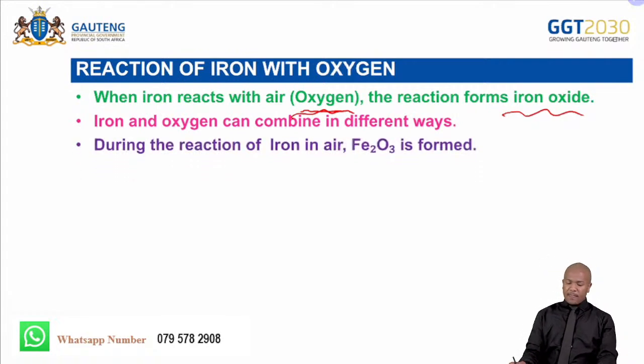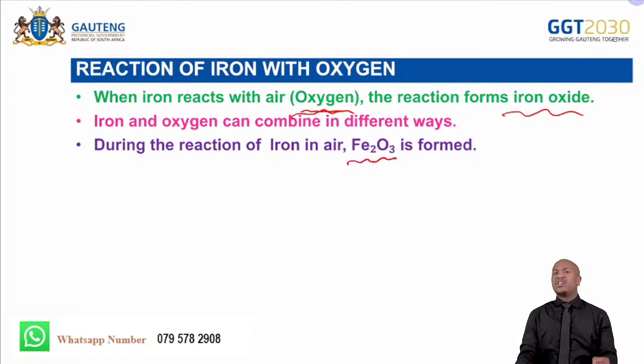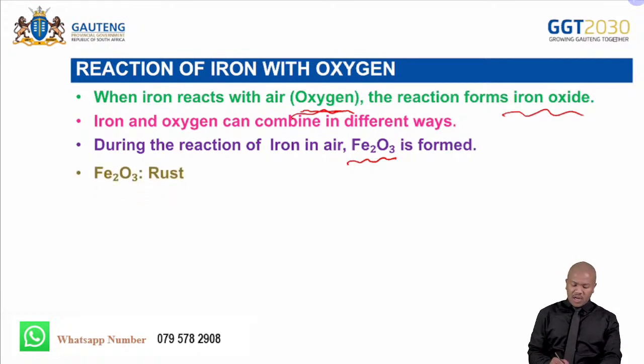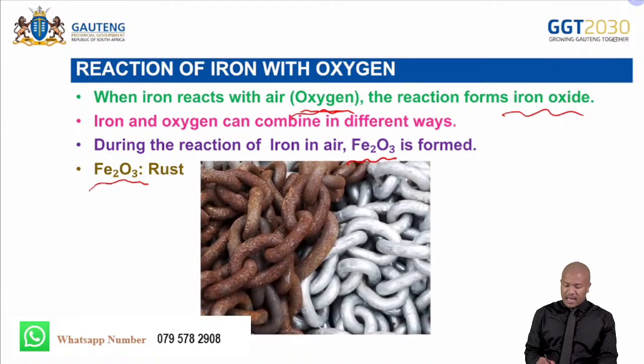They can either form Fe2O3, which is rust, or they can form magnetite. But today I want us to focus on rust, which is Fe2O3, right? So now Fe2O3 is our rust, and rust looks something like this. Look at this chain here, right? It has reacted with oxygen.